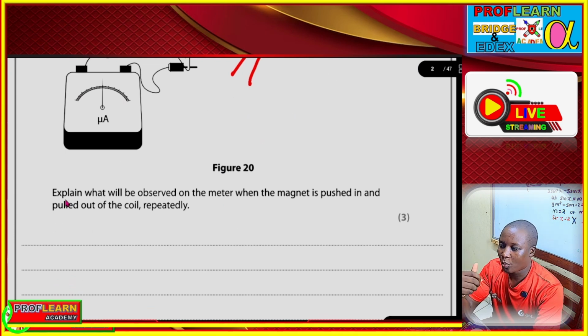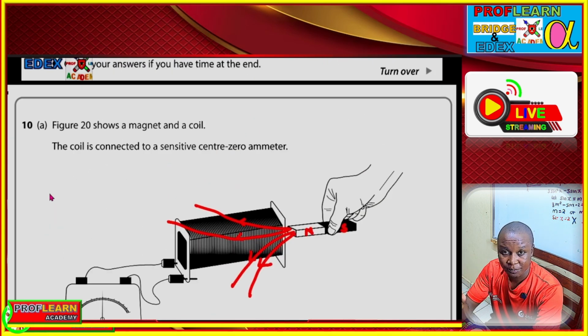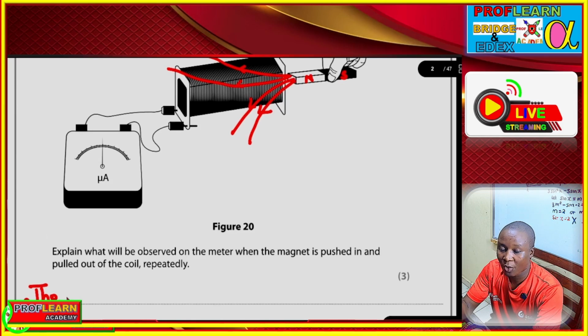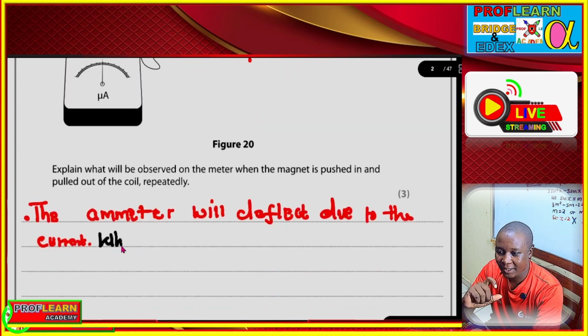So in this question, we are told, explain what will be observed on the meter when the magnet is pushed in and out. The meter is going to deflect due to the flow of electric current. So the meter will deflect, and this deflection is due to the current that is detected. And why is current detected?